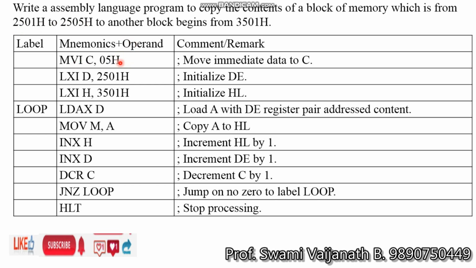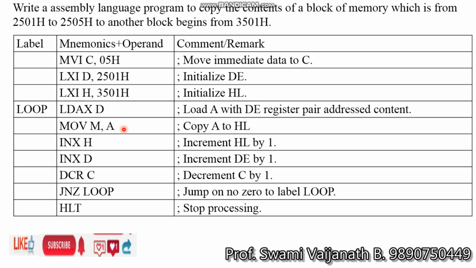After that the LXI D instruction initializes your source block, 2501H to 2505H, in the DE pair, and LXI H initializes the destination location where you copy in HL. So the content of 2501H comes into the accumulator and is copied to 3501H.